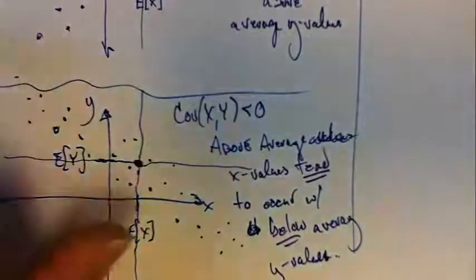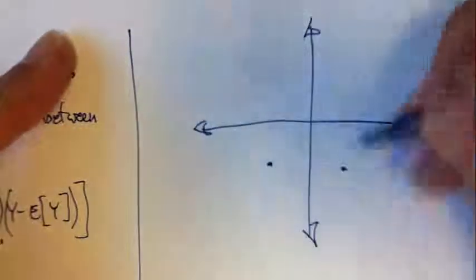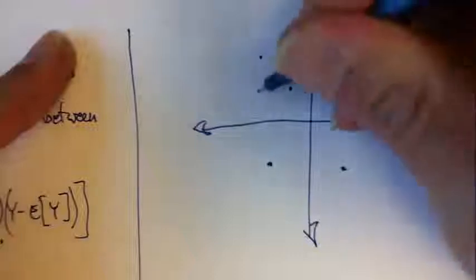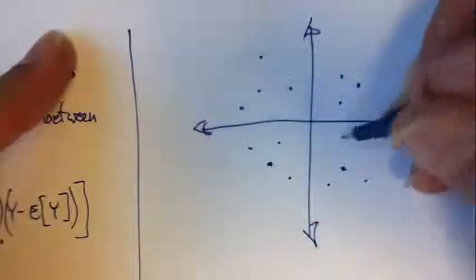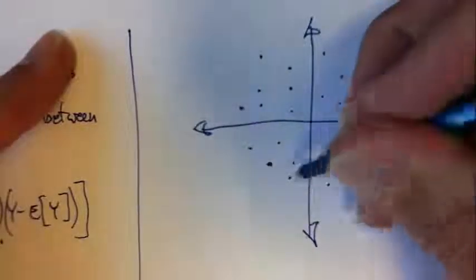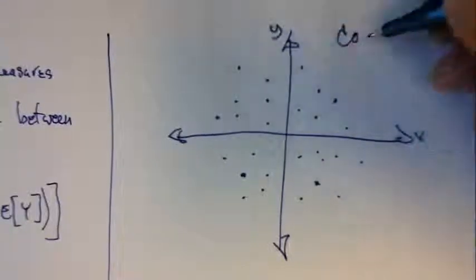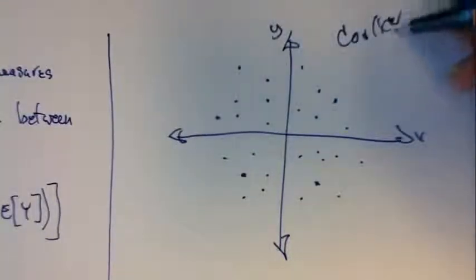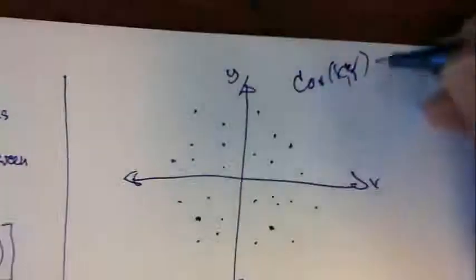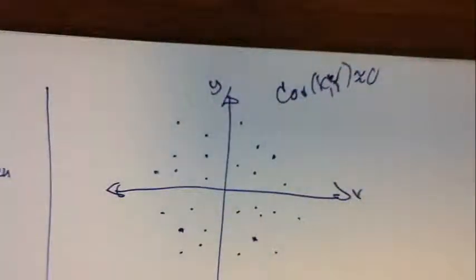What about this case? What if you saw something like this? If you saw something like this, you should run and hide. That's what you should do. Now, this just means that the covariance of x and y is probably close to 0, or it's low. I don't know what it is.